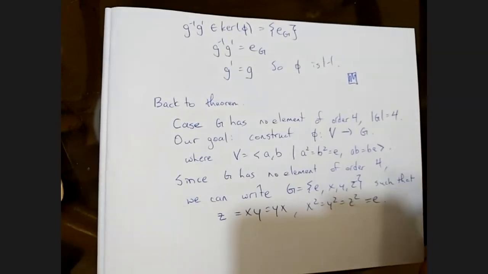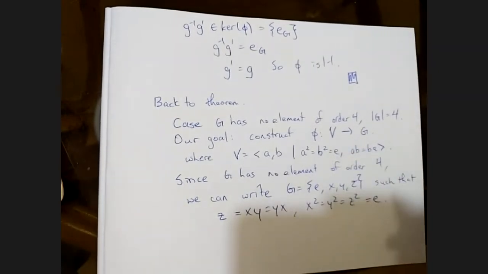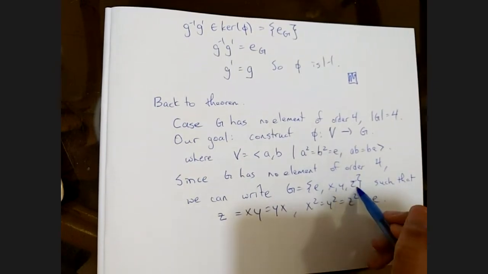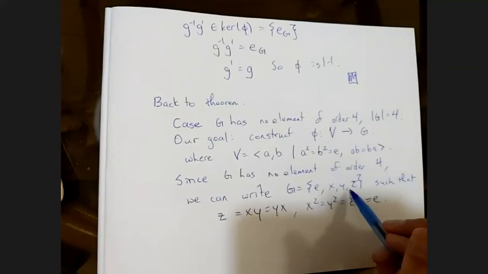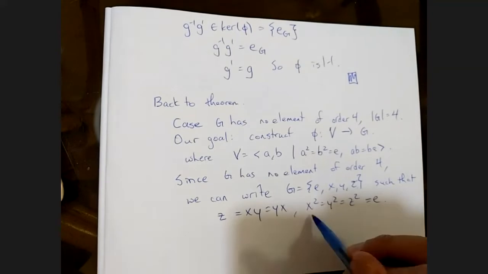The reason is we just go through the same argument we already saw when we were constructing V. Remember, we know that there are 3 non-identity elements because there are 4 elements in all, and all the non-identity elements have order 2.